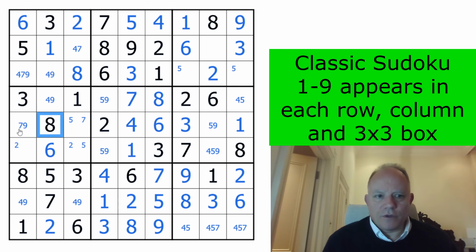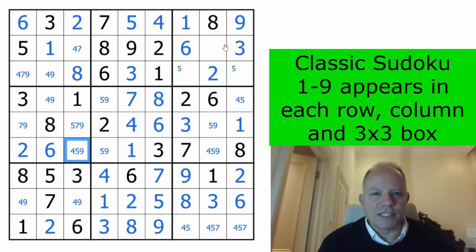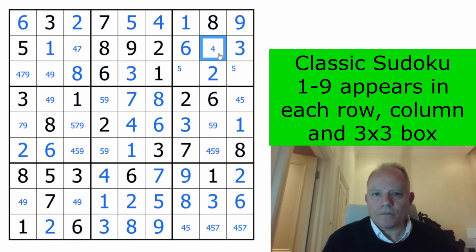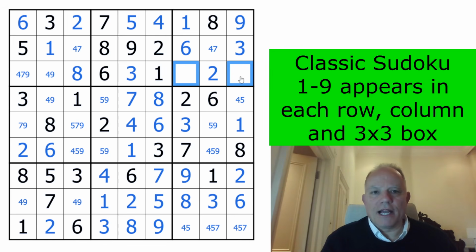Here we've got 7 or 9, so I'm going for corner marks now. Oh, that 2 has fixed where 2 is in this box. And this one is 4, 5 or 9, some of those familiar 4, 5, 7, 9 digits that we have left to place. 4 or 7 there, and what have we got here? 4, 5 or 7. Actually, that one can't be a 7.